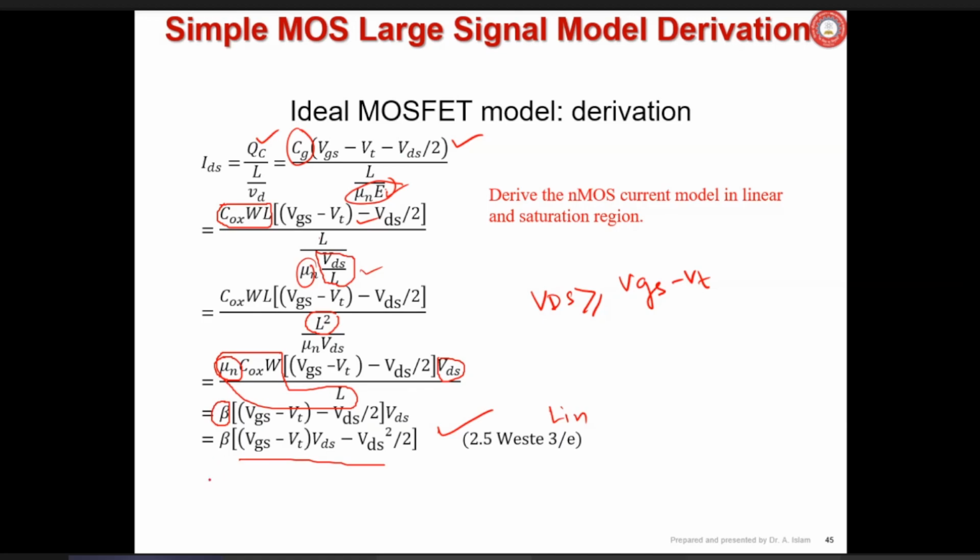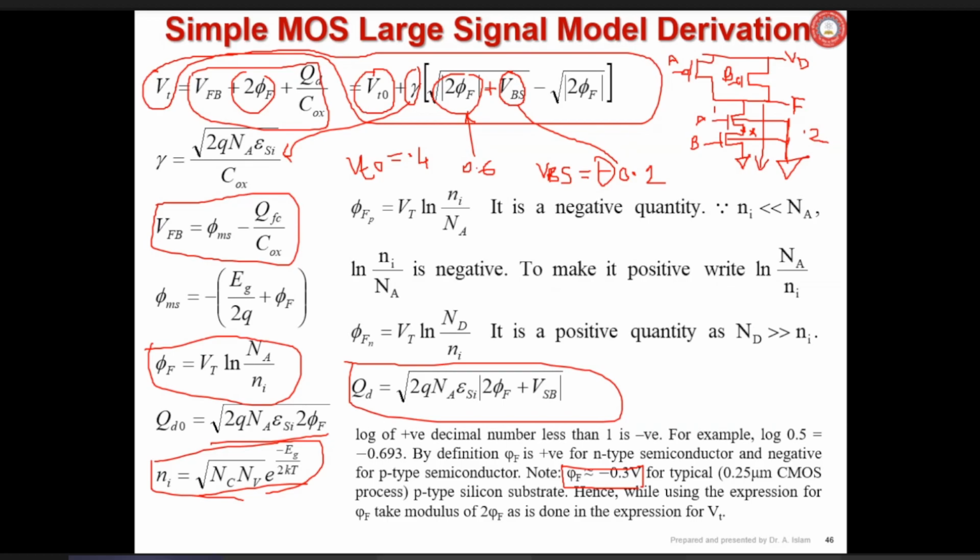Beta by 2 into (VGS minus VT) whole square. Are you going to get this from this equation by putting the condition? Yes, sir. Okay. This is all about the derivation of the MOSFET current equation, that is IDS, in the saturation region as well as the linear region.